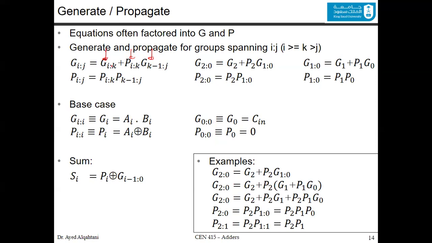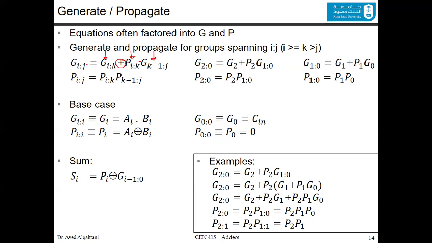I'll say it again, and I will emphasize more the logic functions. So either you are generating in the same stage, or you are generating in a previous stage and propagating this generation to the same stage.